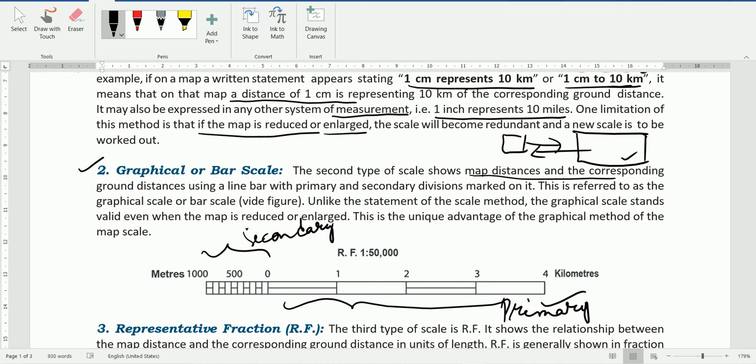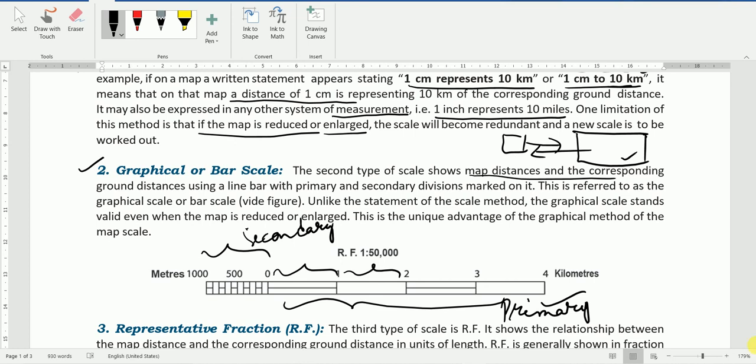Here in this case, this much distance represents 1 kilometer on the ground. From here, this much distance on the map represents this 1 kilometer on the ground.